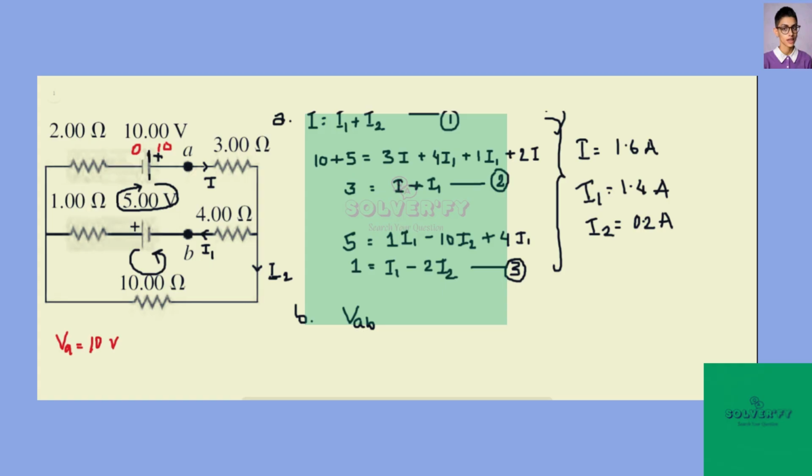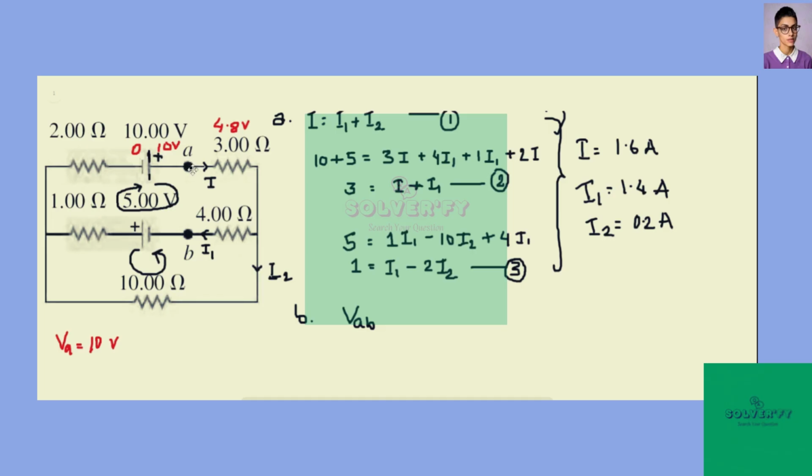Now, the current flowing through the 3 ohm resistor is I, so the potential drop would be 3 times I. So 3 times 1.6 is 4.8. So the 3 ohm resistor gets a potential drop of 4.8 volts. Since the current is flowing this way, this should be at higher potential and this at lower potential.